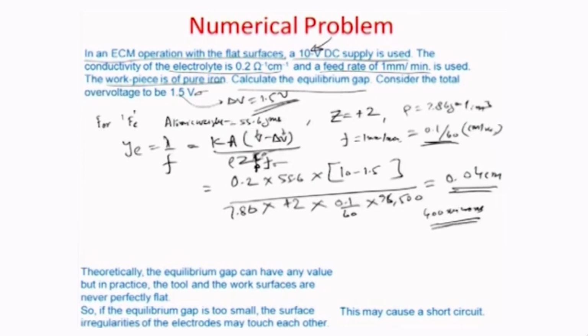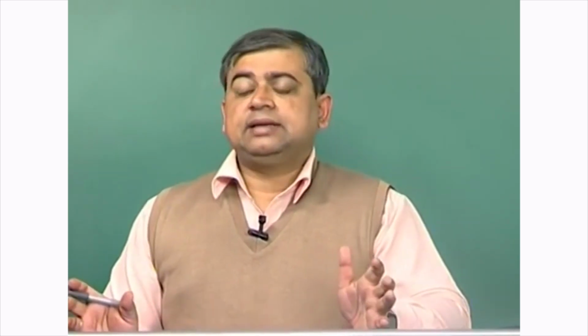So, you can have an estimate of what is the level of gap that we are talking about. 400 microns is actually 4 times the diameter of human hair. That is how small the equilibrium gap is in any electrochemical machining process, and you can assume that the amount of pressure generated by the fluid which moves through such a small gap is huge.